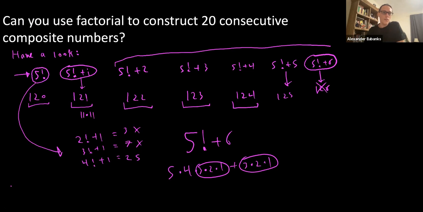Okay, so let me write down that idea. We want 20 consecutive composite numbers. So we'll start off with 20 factorial plus 2. We're not doing 0 and 1 because we saw on the previous page that when we do the plus 1, it doesn't necessarily always give you a composite. It could be a prime number, right?